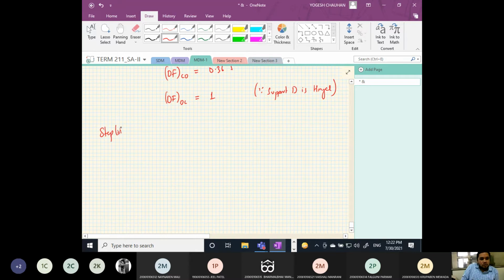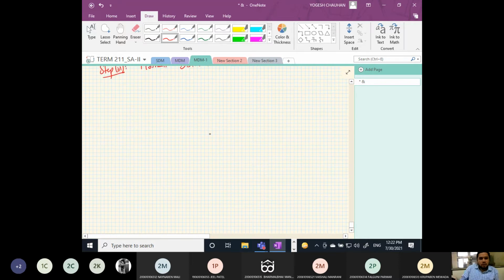Next step is to distribute the moment. For that we make a table. Let us say this is joint A, joint B, joint C, and joint D. Then we write the members connected to that joint.